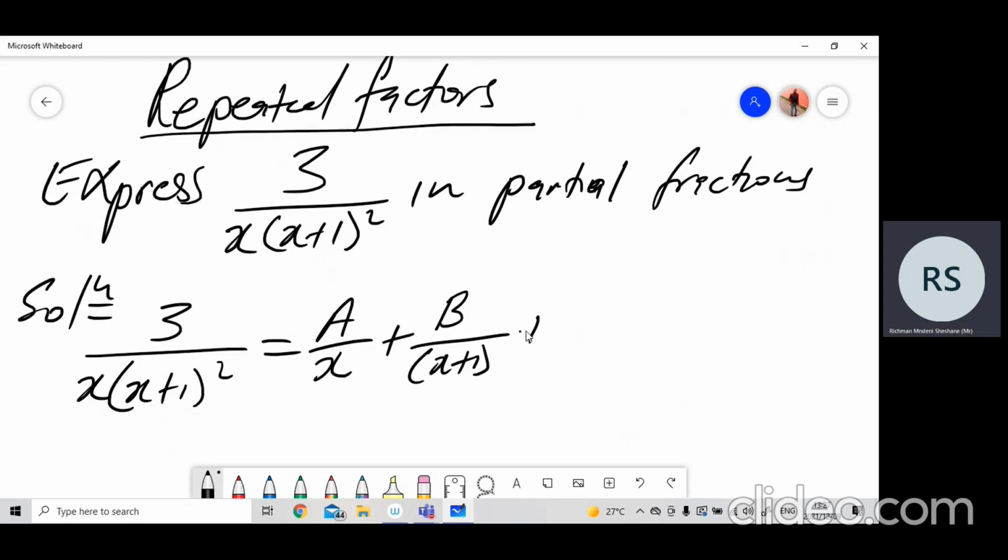And you're going to repeat it with another term of the form of a linear, a constant, but now that linear is to the power of 2. So you keep adding the partial fraction term of that linear up until the linear is to the power of this number. In this case, it is 2.